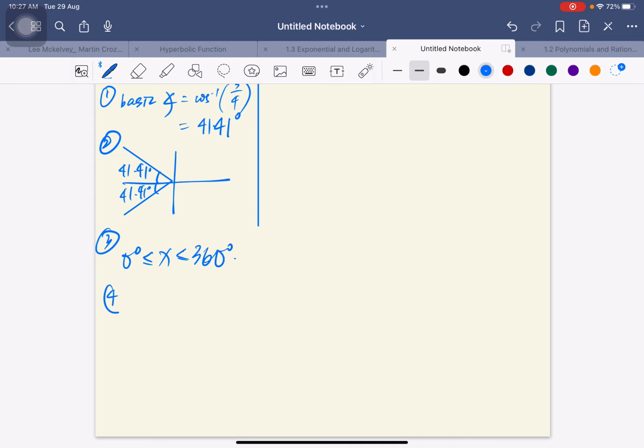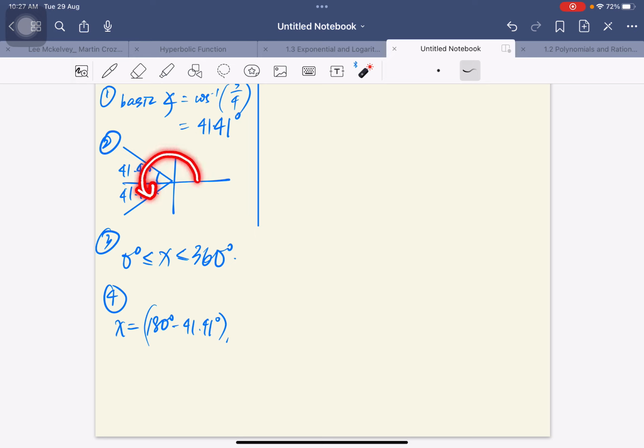Okay, last one, solve. So x equals first one, 180 minus 41.41. Another one is 180 plus 41.41.